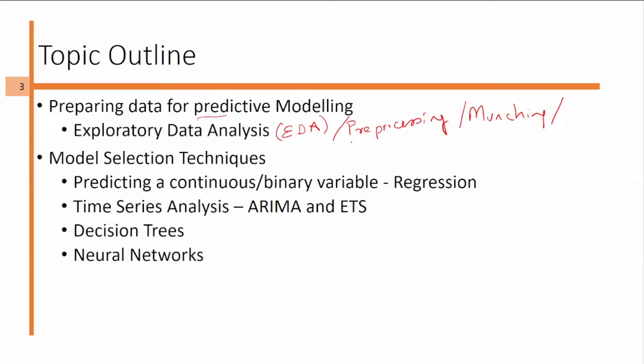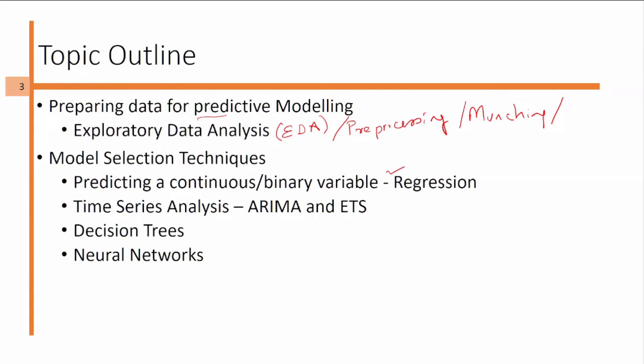In the next step, we have the model selection techniques. In the model selection techniques, we'll be looking at how to predict a continuous or binary variable, and which modeling technique you should use.